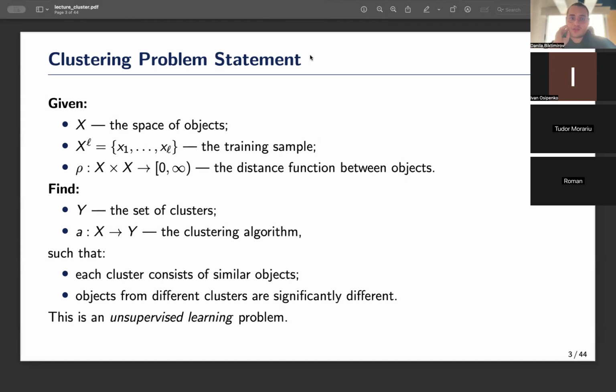The goal is to partition the dataset into disjoint subsets called clusters, such that each cluster consists of objects that are close to each other according to the metric rho, while objects from different clusters are significantly distinct.